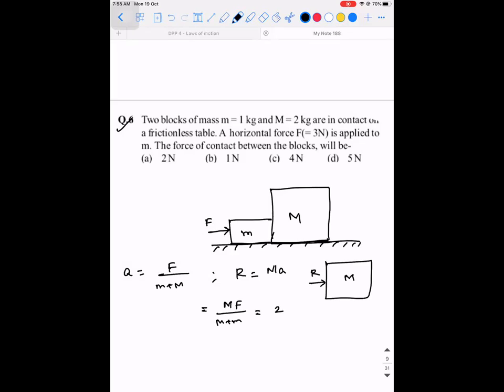So what is capital M? 2. And what is F? 3 Newton. So 2 into 3 divided by capital M plus small m, that will be 3. This and this will get cancelled. Answer will be 2. Is this clear?